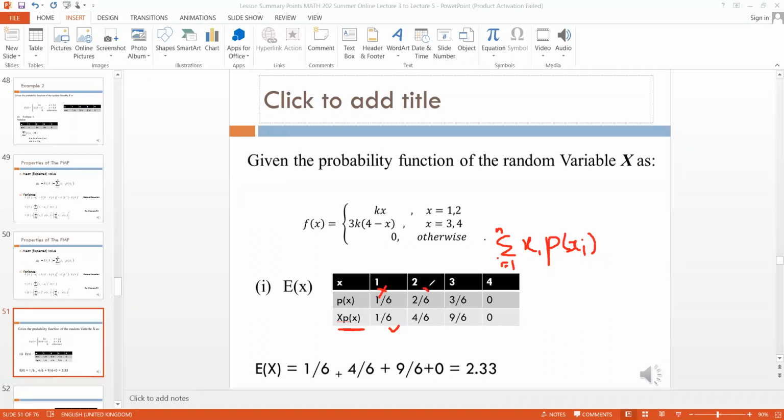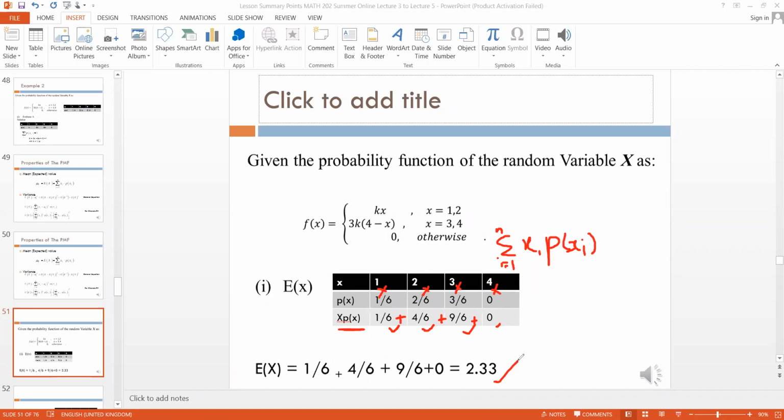2 times 2 over 6, which will give you 4 over 6. 3 times 3 over 6, which will give you 9 over 6. And then 4 times 0, which will give you 0. Then all you do is sum it: you add this plus this plus that, and you should get 2.33 as your expectation of the process.